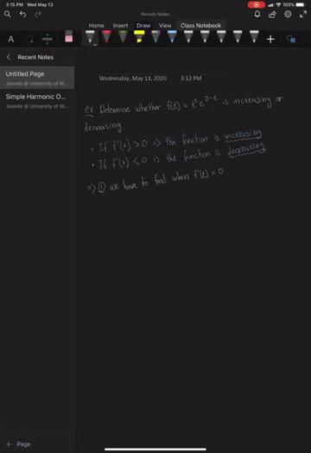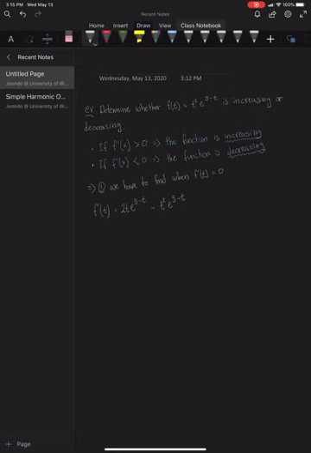Taking the derivative of this, we have to apply the product rule. Using the product rule, we get 2t e to the 5 minus t, and then minus t squared e to the 5 minus t.